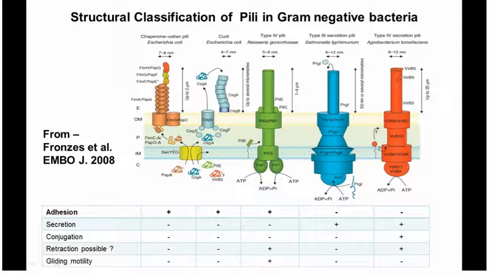So Salmonella typhimurium, type 3 secretion Pili, is used to secrete virulence factors and, in fact, inject bacterial proteins into host cells and kill them. Okay, so the function of type 3 Pili is secretion, not really adhesion, not motility.